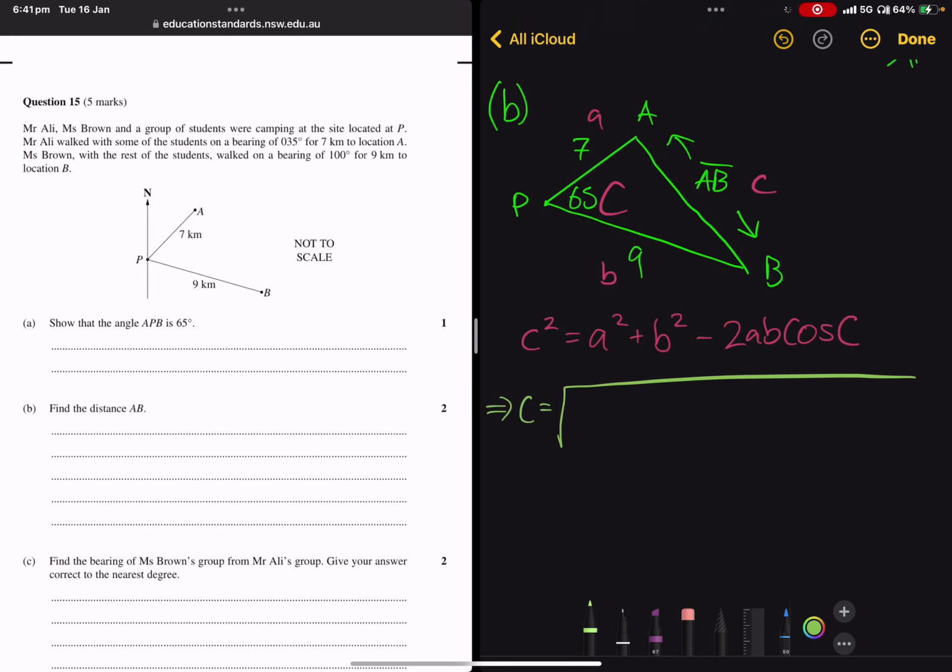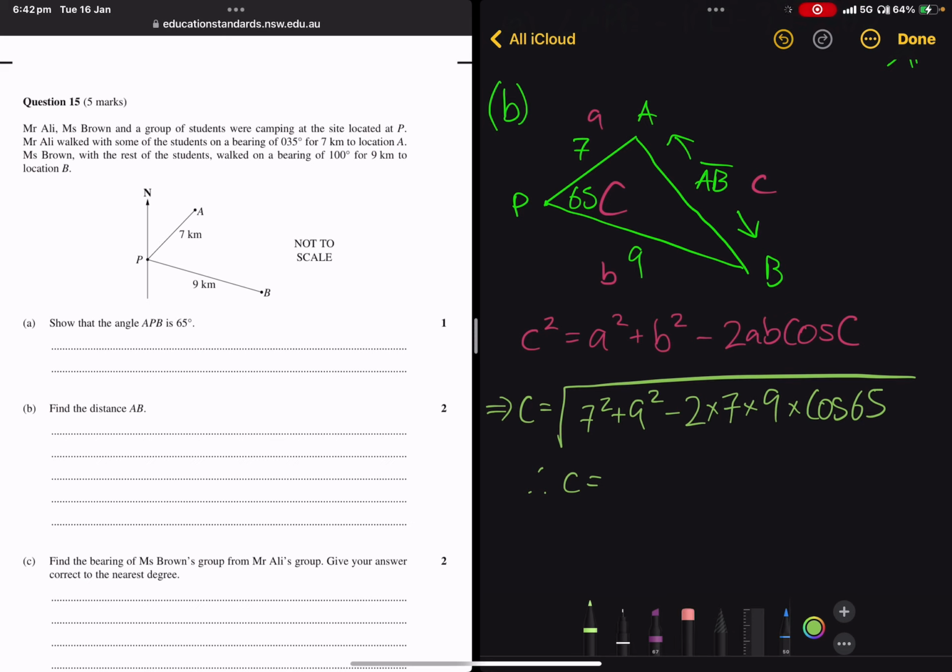So we have 7 squared plus 9 squared minus 2 times 7 times 9 times cosine of 65. Now 65 is not a cosine exact angle, so that's a sort of indication that the calculator is just going to evaluate this for you.